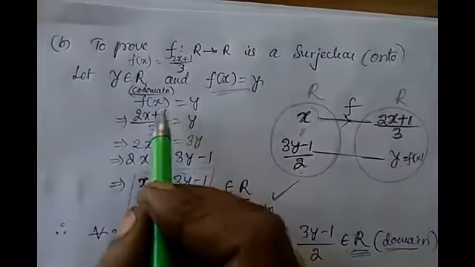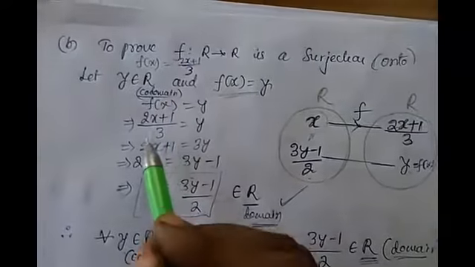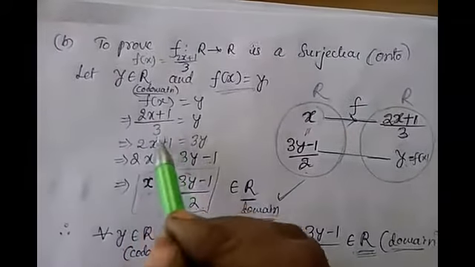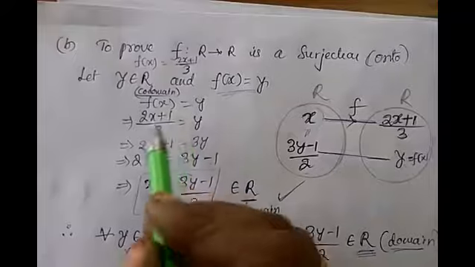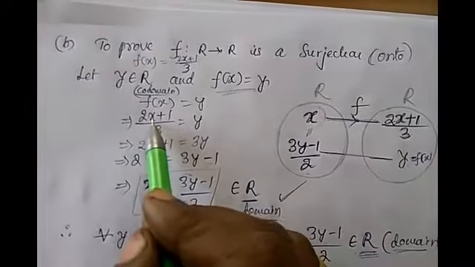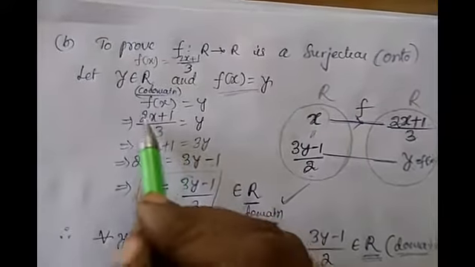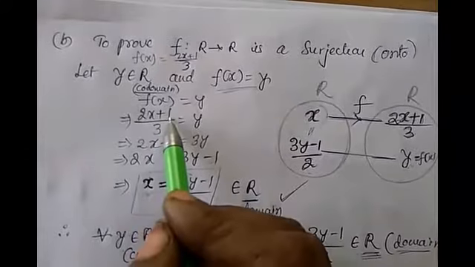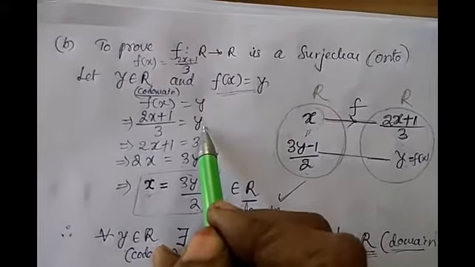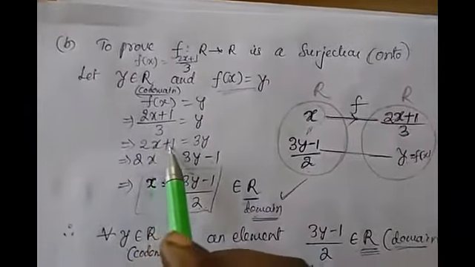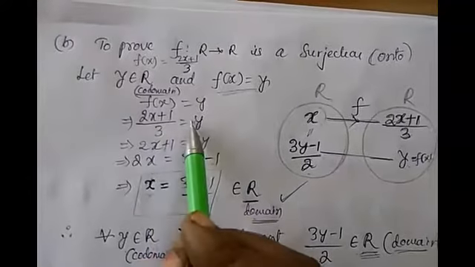What is f of x? The given function is 2x plus 1 by 3. Write this: 2x plus 1 by 3 equal to y. Now write the x value in terms of y. That means transpose all the values to the right side. First transpose 3.